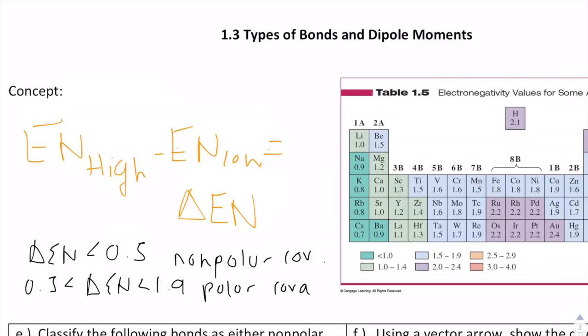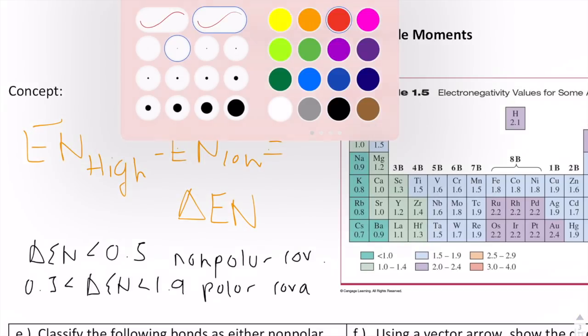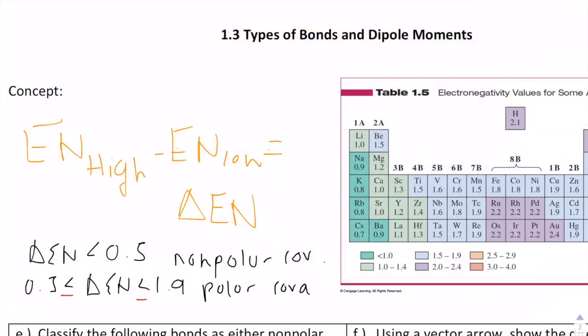Now, I did want to say something about where the equal sign matters. If the delta EN is equal to 0.5 or equal to 1.9, that is still a polar covalent bond, but the minute you go a little bit below 0.5 or a little bit above 1.9, you are not considered that anymore.